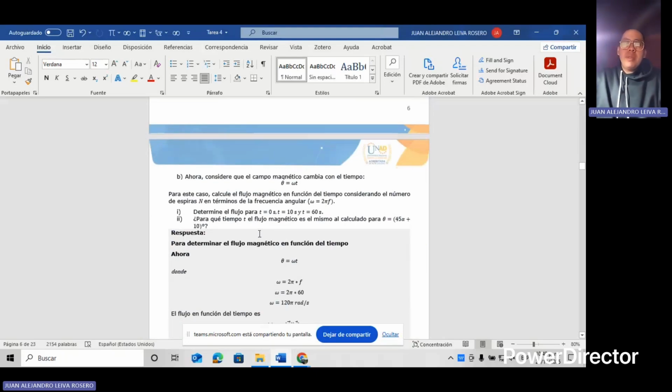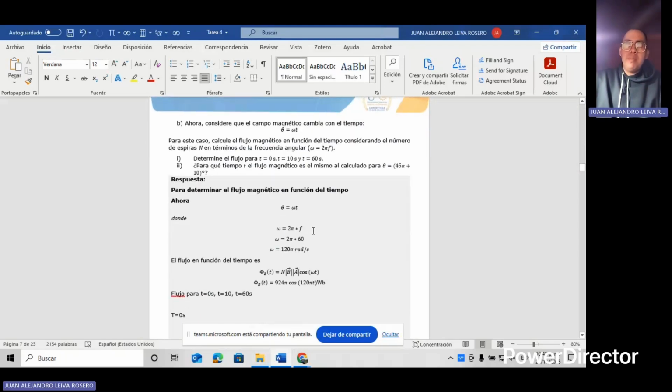In a real motor, the coil's rotation continues. With the model, the angle depends on time, where omega is the angular frequency. Therefore, the time-dependent flux becomes the flux as a function of time.